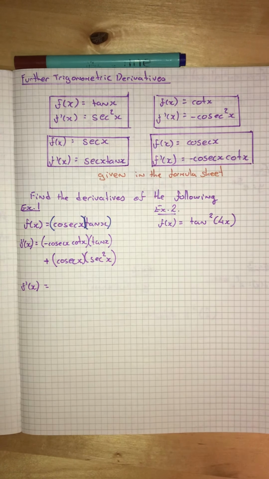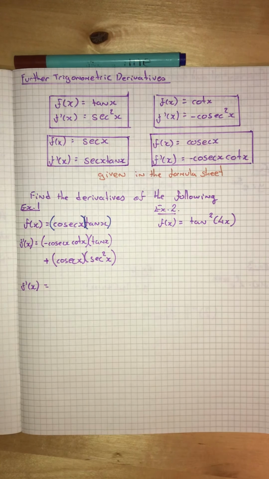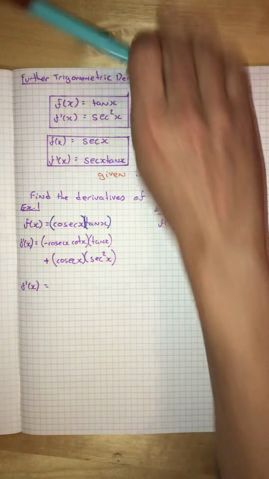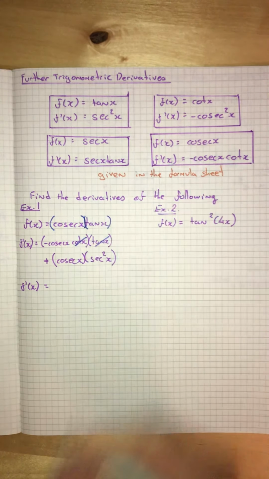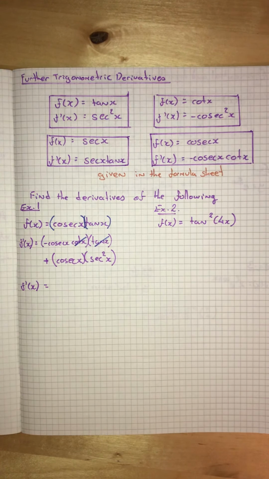Although what we could hopefully see is that we can simplify within that answer. We've already learned that tan x and cot x are related. Cot x is just 1 over tan x, so that means cot x and tan x will cancel out. We know that sec x is just 1 over cos x, and cosec is just 1 over sine x, which means none of them is going to cancel out.